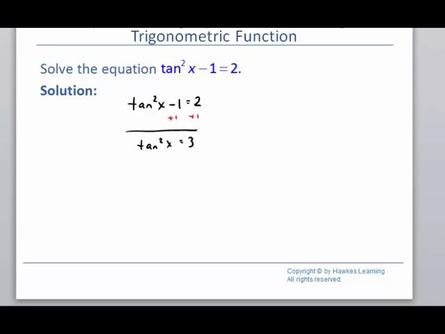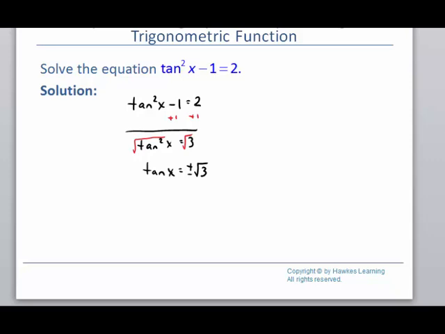Now I know that to go from a tangent squared to a tangent, I'm going to need to take the square root of both sides of the expression. And so the square root of tangent squared is going to leave me just a tangent, which is what I wanted. And the square root of 3 is going to stay the square root of 3, but remember when you take the square root of a number, you have to consider the positive and the negative counterpart of that number.